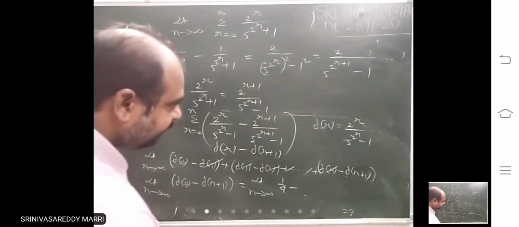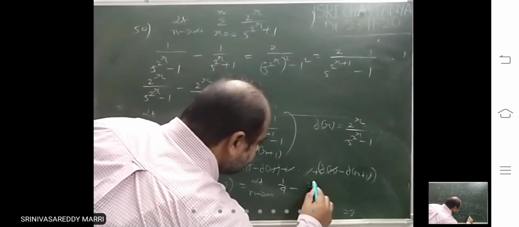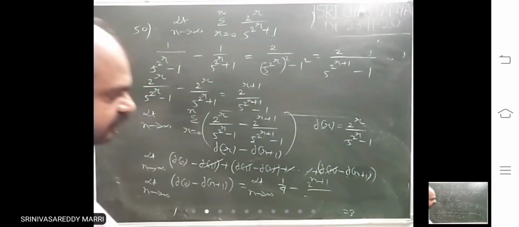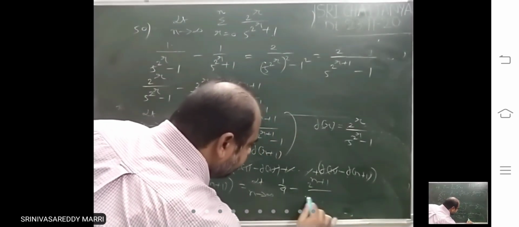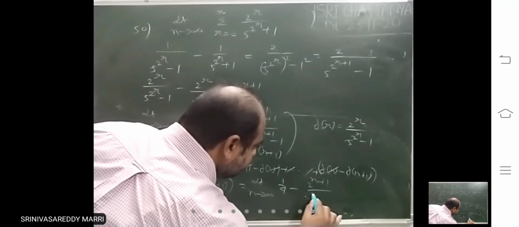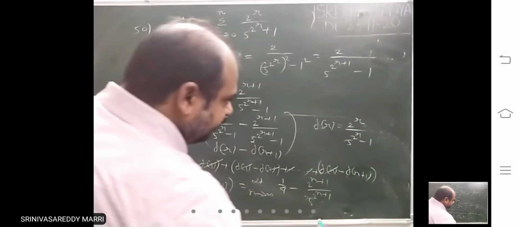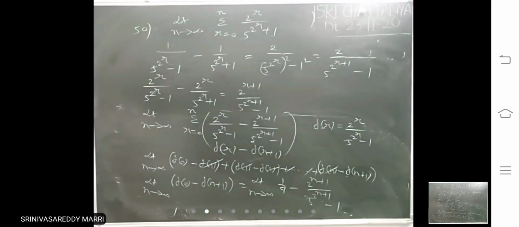Minus f of n plus 1, that means 2 power n plus 1 divided by 5 power 2 power n plus 1 minus 1.